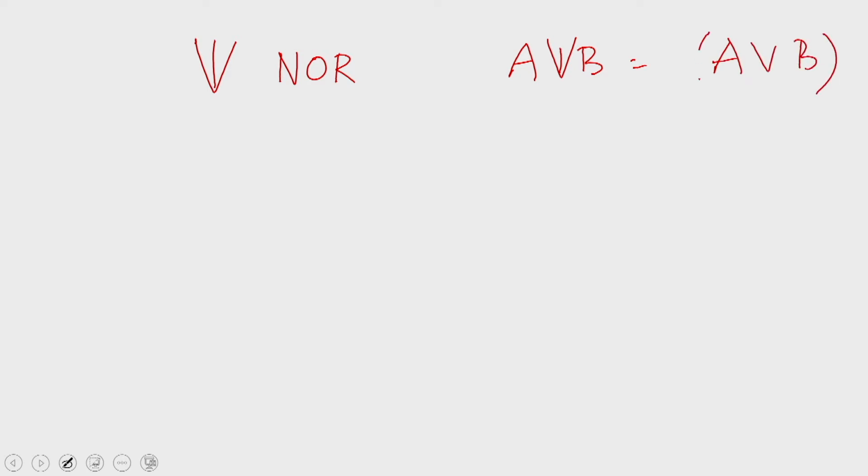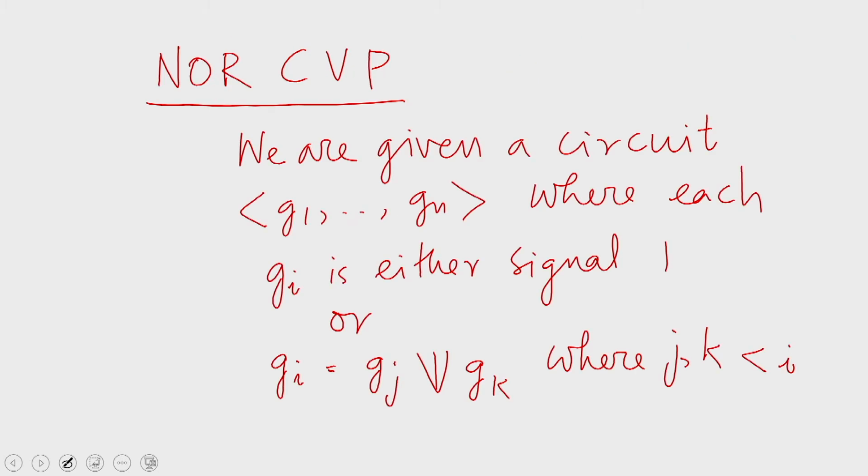So, if you are not familiar with this notation, this stands for NOR. A NOR B is the same as the negation of A OR B. So, NOR CVP is an instance of this form. We are given a sequence of gates and we have to say if G_n evaluates to 1 or not. This is the question we have to answer.